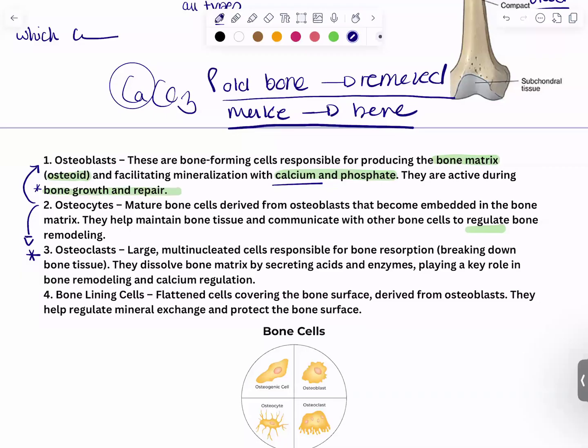This continuous process of forming and removing bone happens throughout life, and we call it bone remodeling. It's the responsibility of these three cells. Imagine that this is the head. It gives the order, and these two will do the job. Clear?